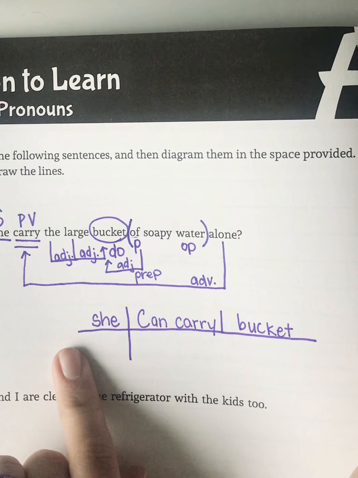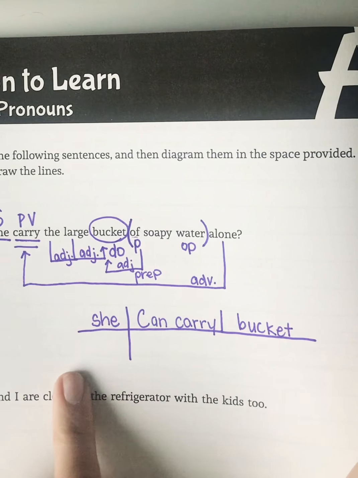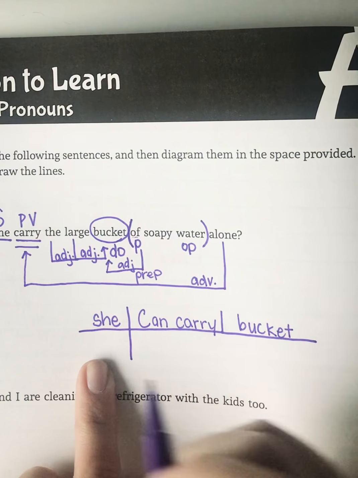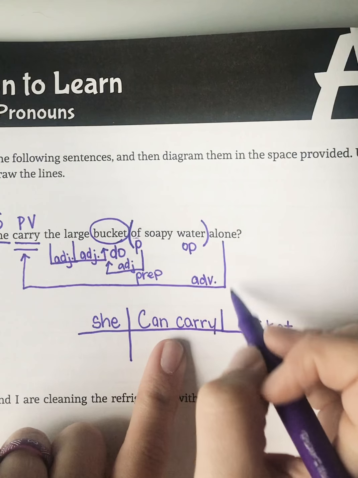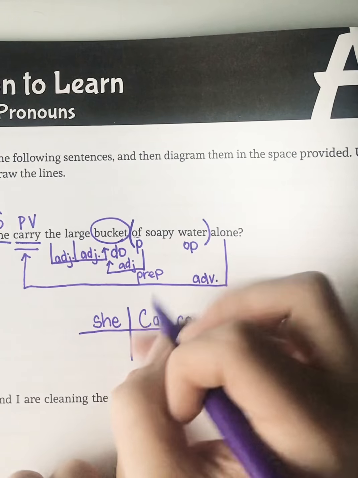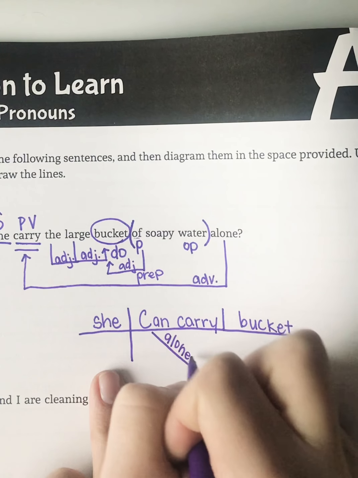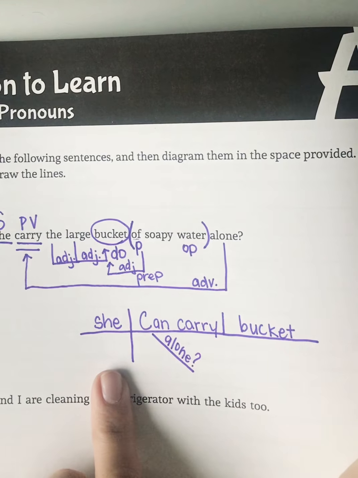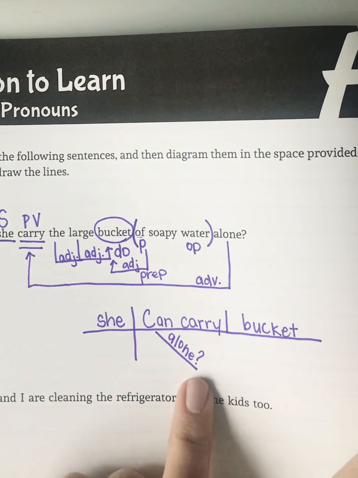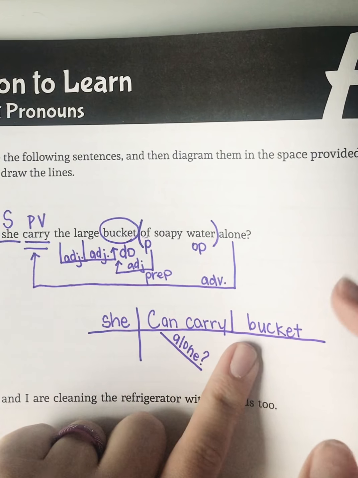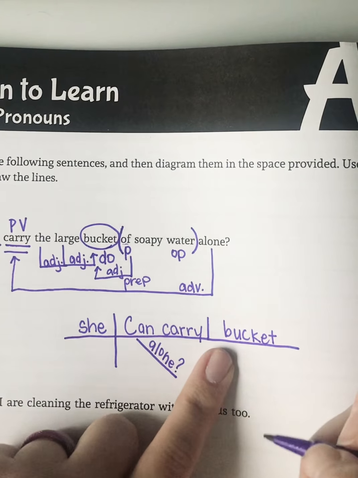Now, I'm going to go back through and see if anything goes under each of these. She, there is nothing modifying she in this sentence. We're going to leave it the way it is. Can carry. The only thing that is going to carry is alone. So I'm going to go ahead and add alone. And I'm going to add the question mark to it. Go ahead and put my punctuation there. And bucket. Bucket has a lot that's going to it. So let's go ahead and start to mark that.